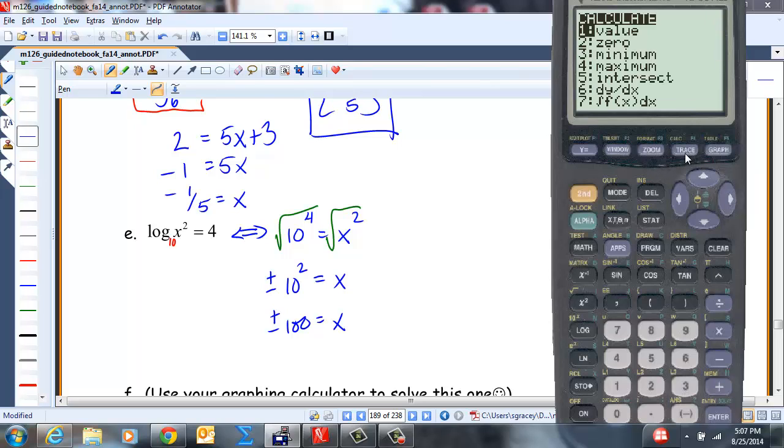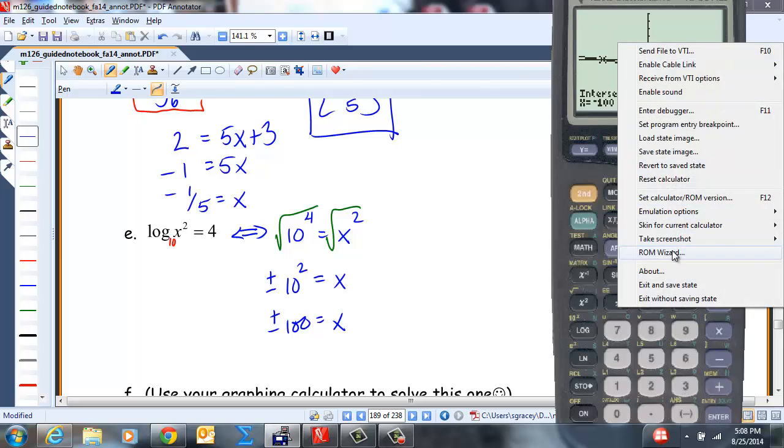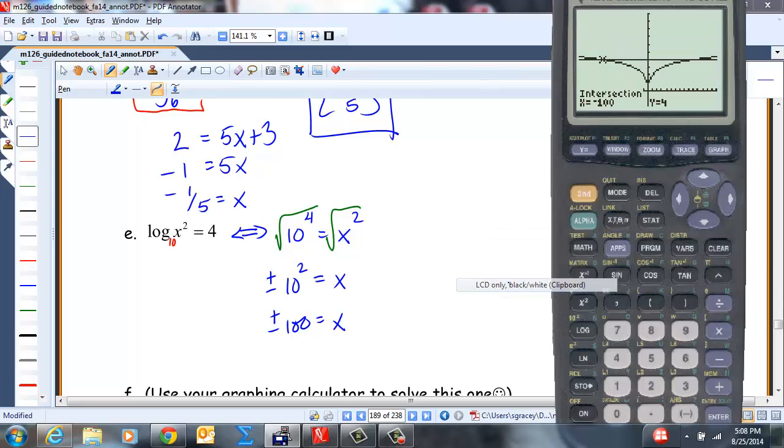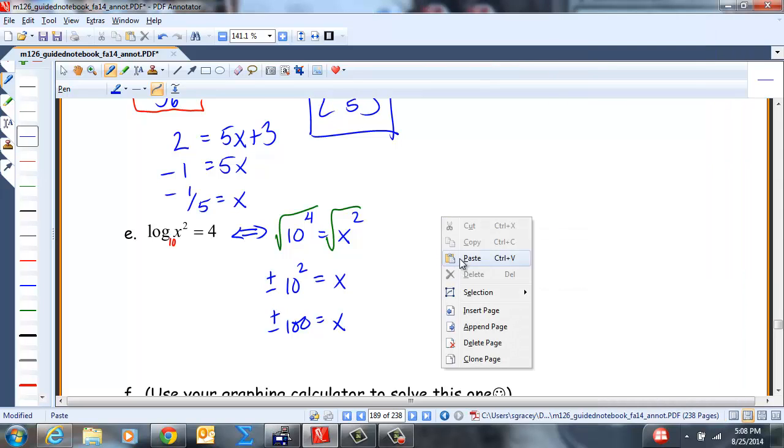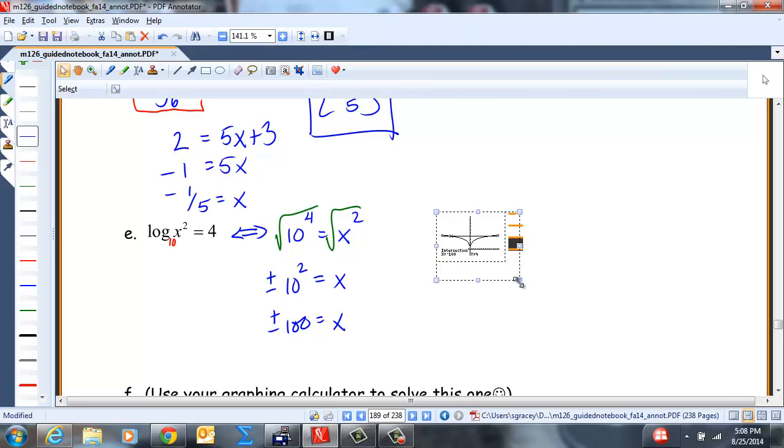Calculate, intersect. And first curve, second curve. Oh, I guess I'm not on there. Okay, first curve here, second curve here. So it found the left side. So see, we have it verified in here. So that's the negative side.